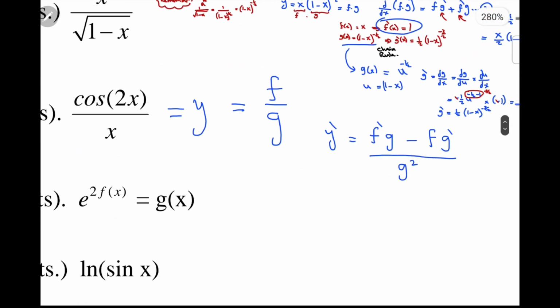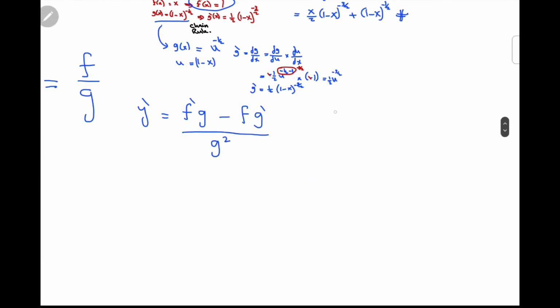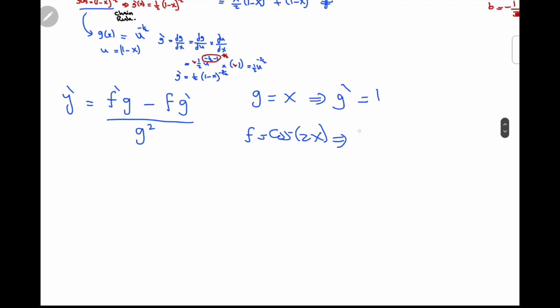So let's see, g is given by x, so if g equals x, then g prime equals 1. If f equals cosine 2x, then f prime is equal to −2 sine 2x.